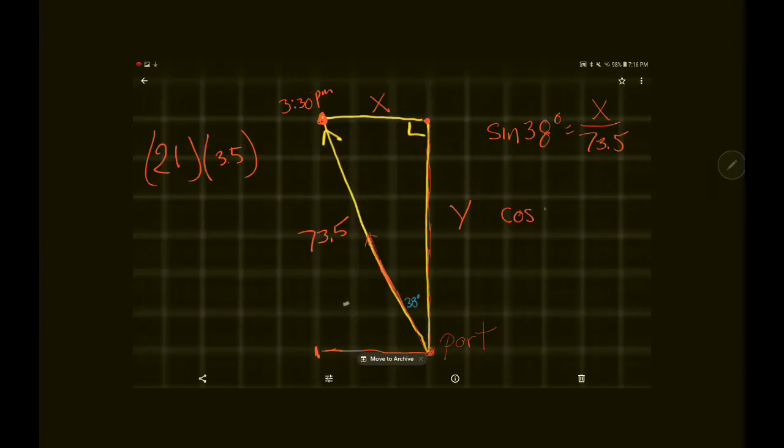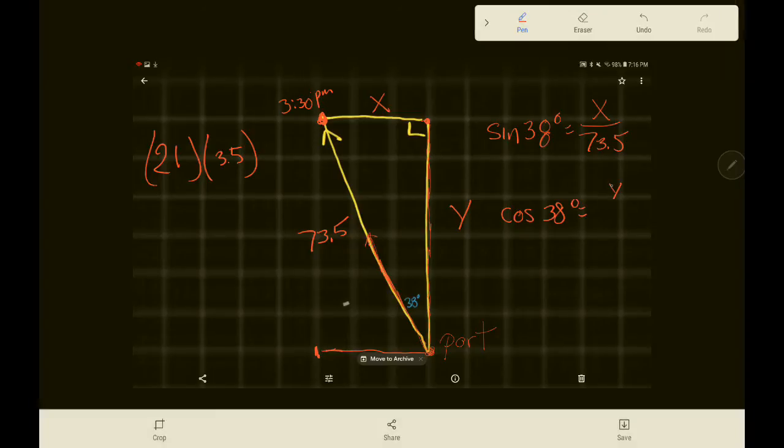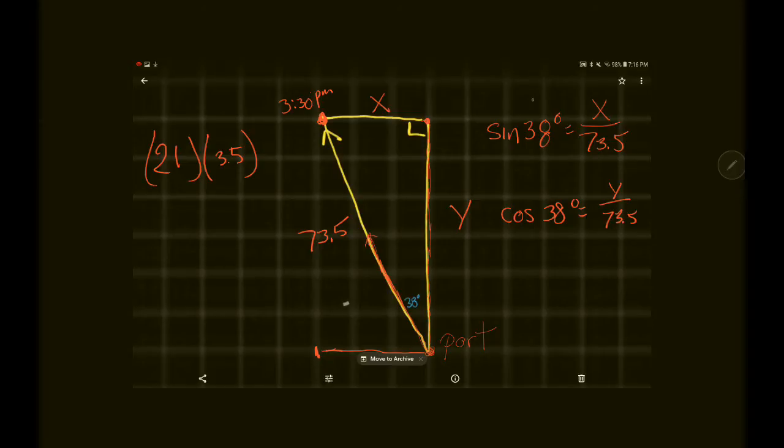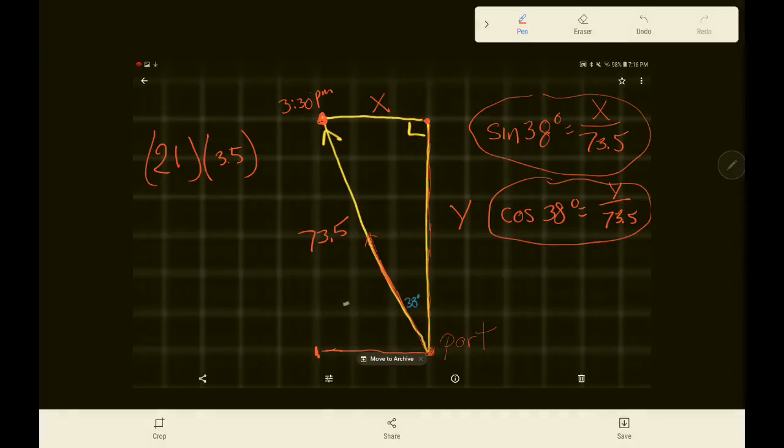And the cosine of 38 degrees equals y over 73.5. You can solve that for y. So then you'll have what x is and what y is. X is how far west of the port it is, and y is how far north of the port it is.